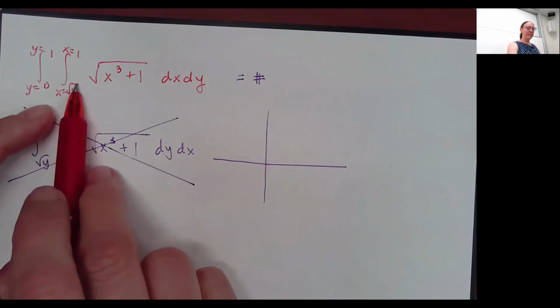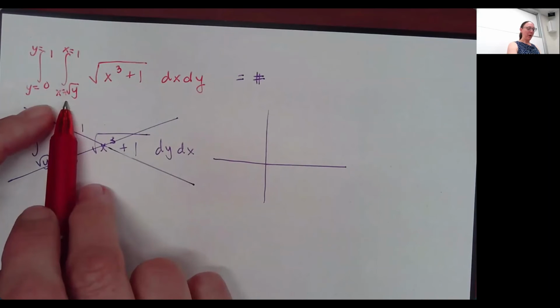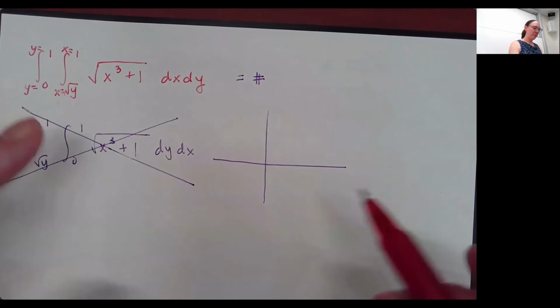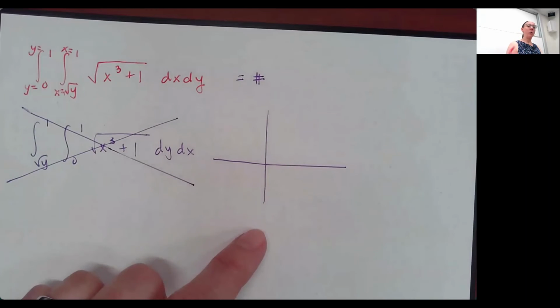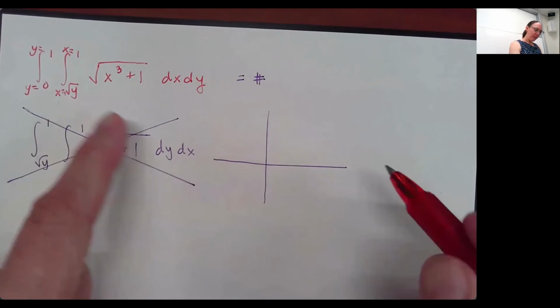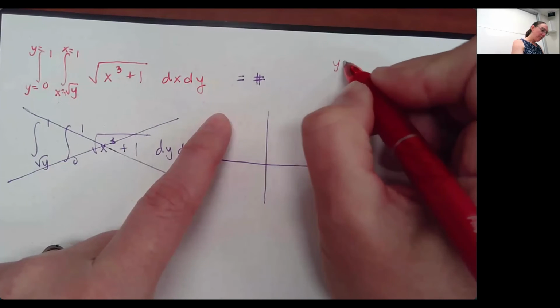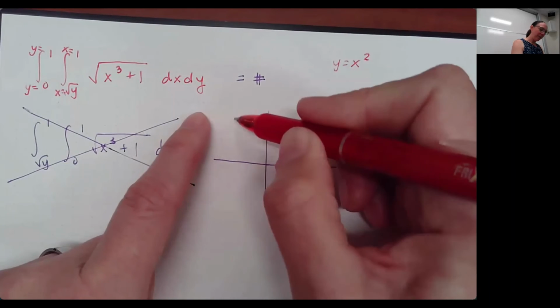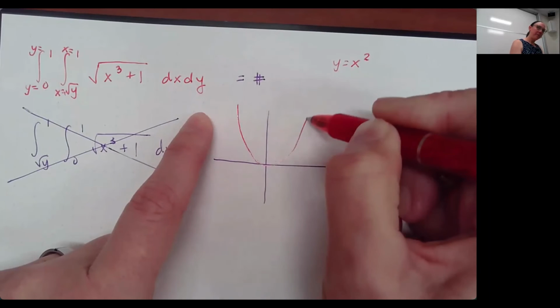But this only takes into account positive y values, or rather it only would spit out positive y values. So y equals x squared would be an entire parabola.